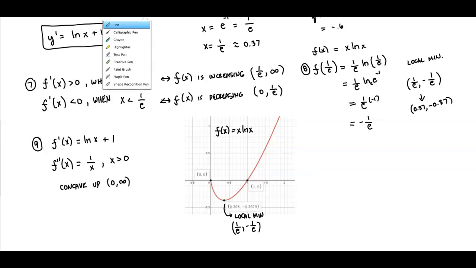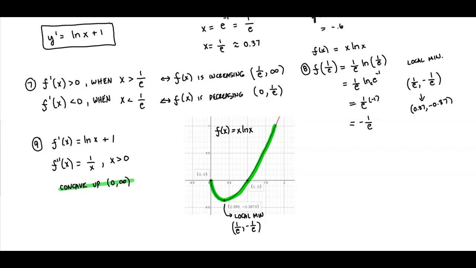Okay, and then we also can see that it is concave up from 0 to infinity. And so therefore we have a point at 0, 0, and there's our 1, 0, and therefore there is our graph.